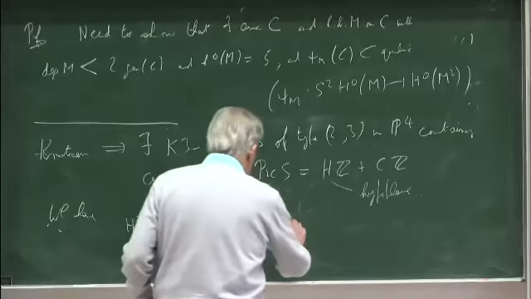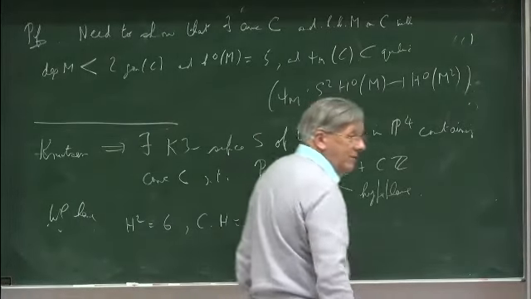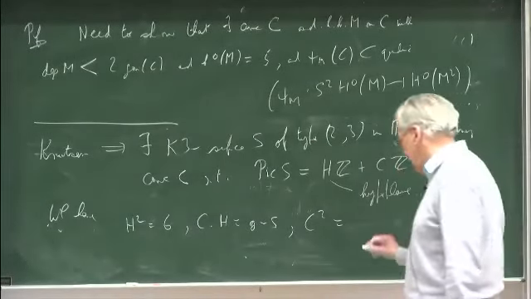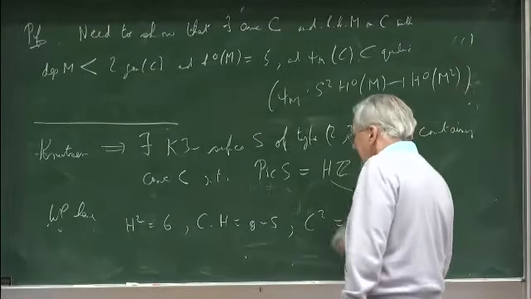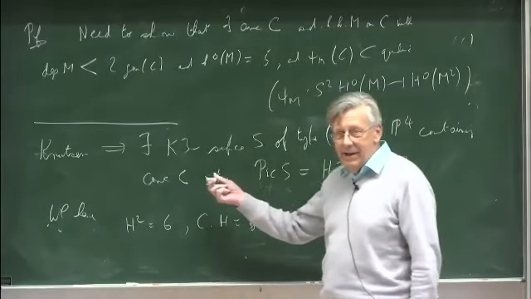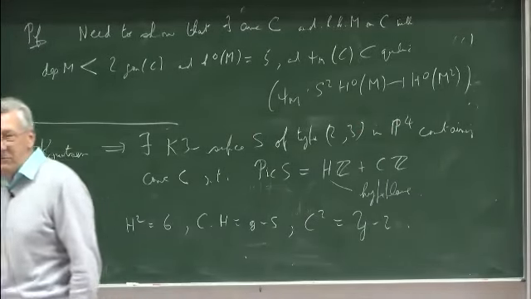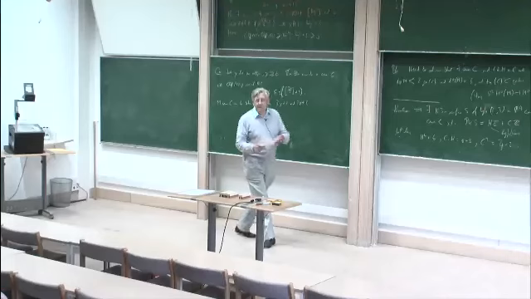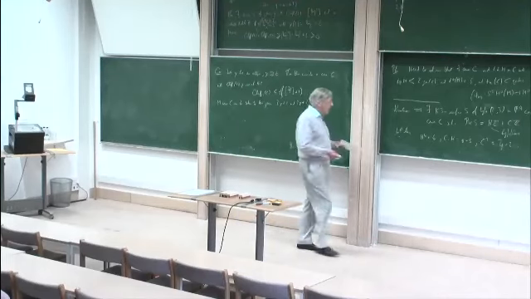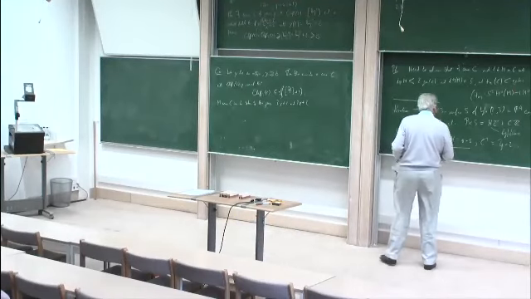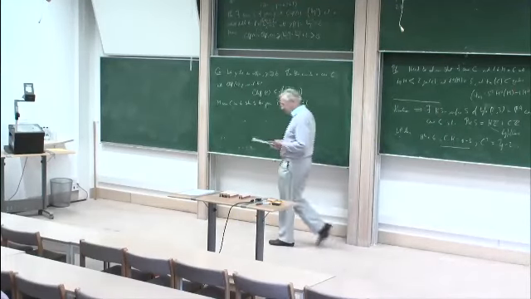And C squared, by the adjunction formula, must be 2g minus 2, because a K3 surface has trivial canonical bundle. So one can calculate all the intersection numbers.